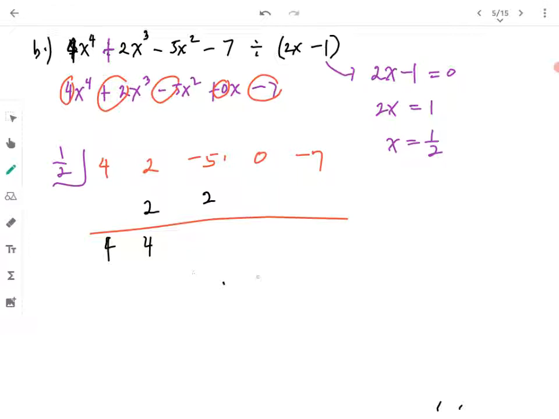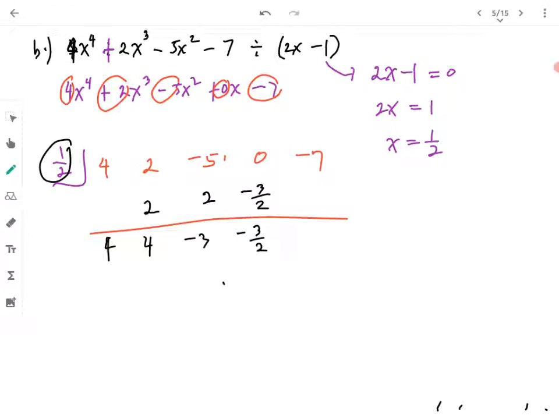Then from here, adding negative 5 and 2, we have negative 3. Multiplying 1 half and negative 3, we have negative 3 over 2. Adding 0 and negative 3 over 2, of course you have negative 3 over 2.